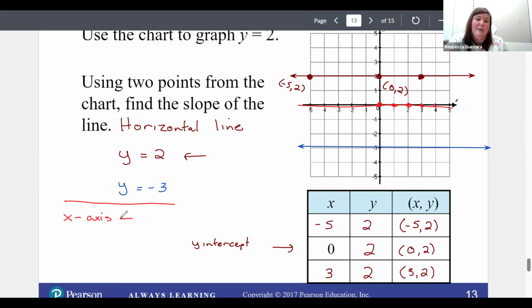That's why we sometimes refer to the x-axis instead as the line y equals 0. So when you have horizontal lines, you're just going to have a y equals of some sort, and your y points are all going to equal whatever that y is. So it always makes a horizontal line.